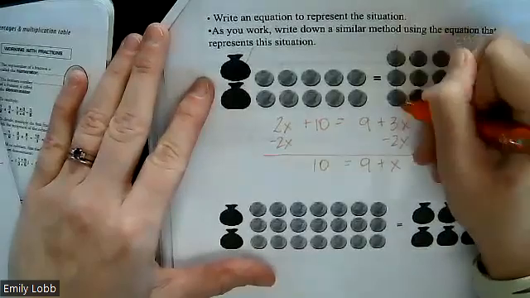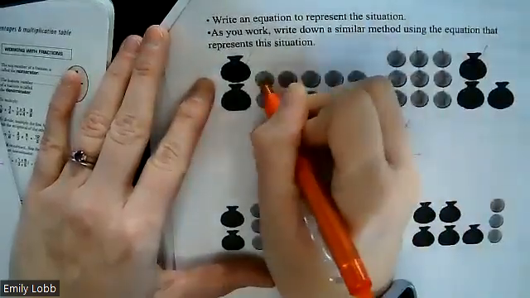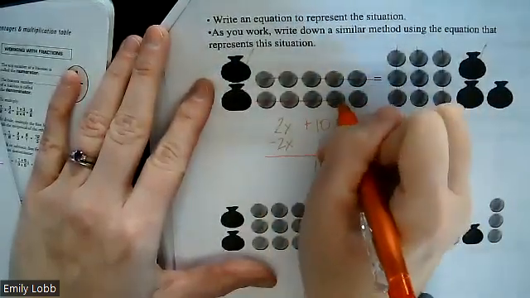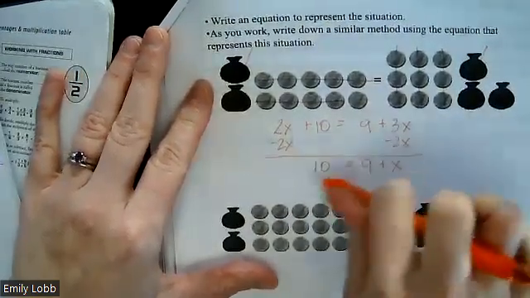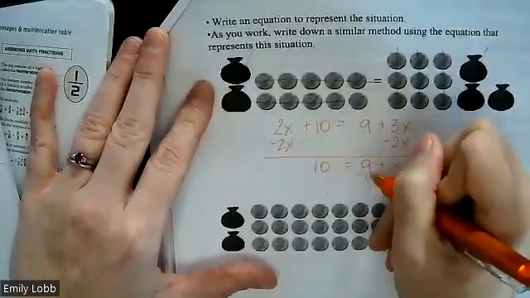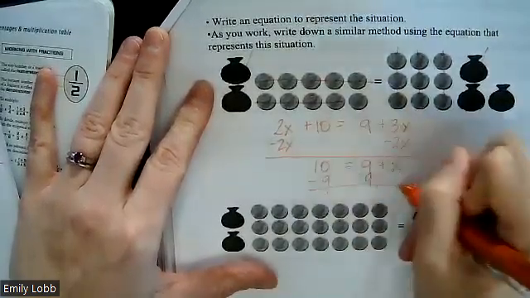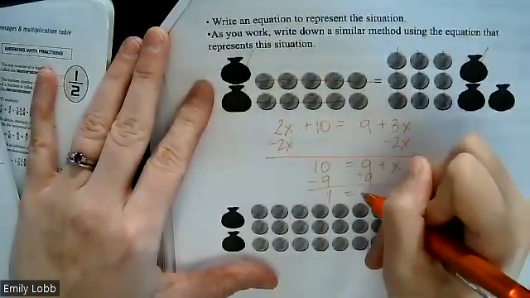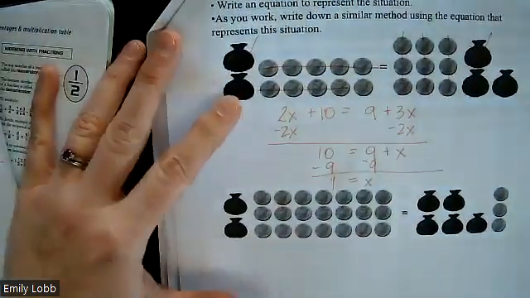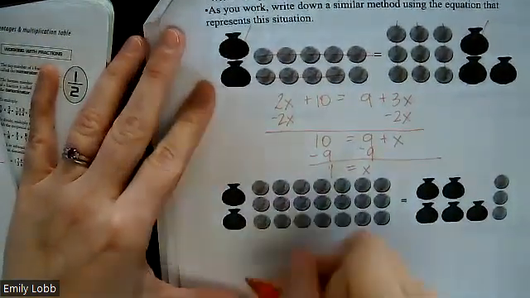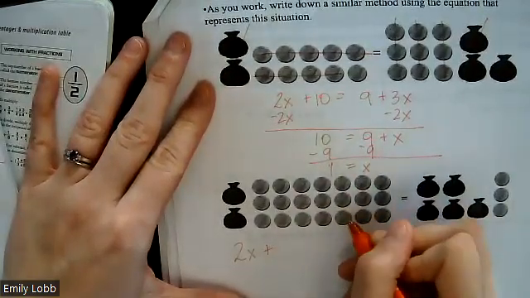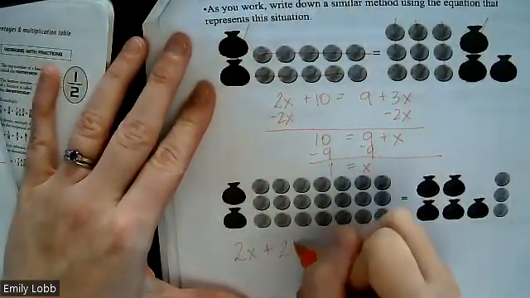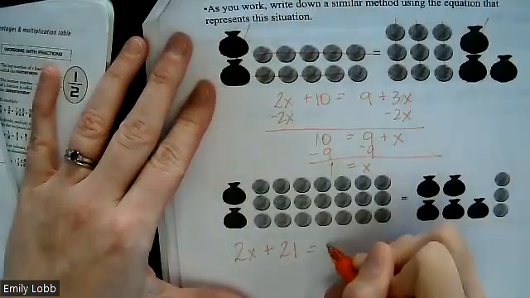Then if I get rid of these 9, I'm left with all but 1. Oops, I didn't show that. So 1 is equal to x. That says it's right.